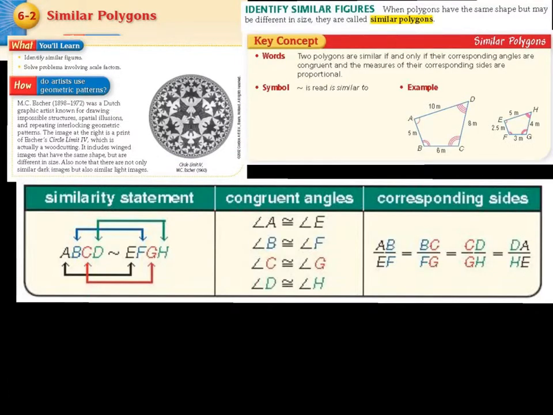So again, all of the corresponding angles are congruent and the corresponding sides are proportional. In this case, the proportion was AB was 5 and EF was 2.5, so the proportion 5 over 2.5 would be 2 to 1 for each one of these.